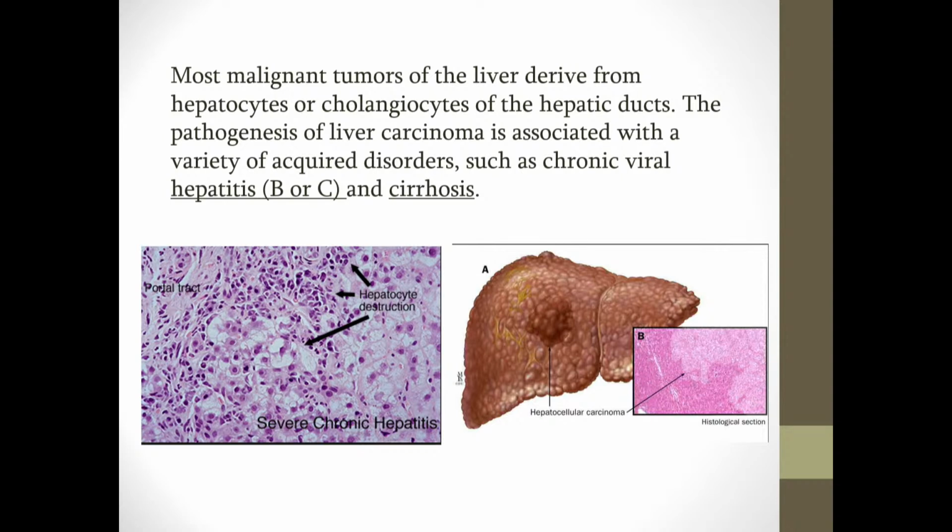Okay, so the pathogenesis of liver carcinoma is associated with a variety of disorders such as chronic viral hepatitis. Of course, you have heard this, hepatitis B or C, and cirrhosis, liver cirrhosis, of course, you know.